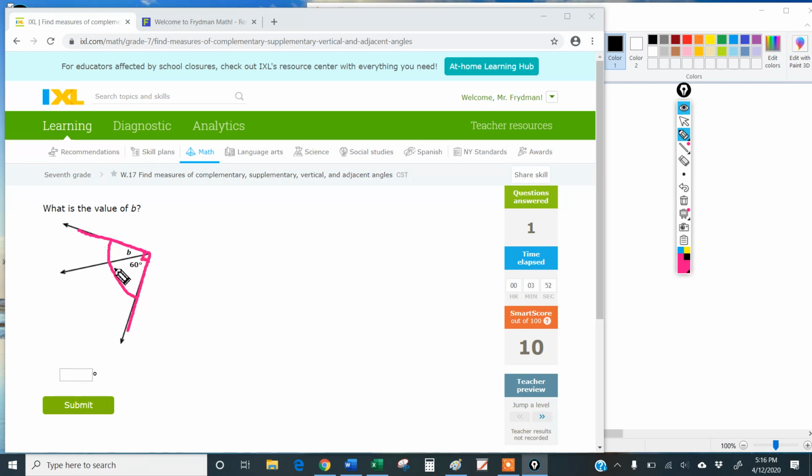In other words, this angle just from here to here, which is 60 degrees, if we add it up with angle B, then we must get 90 degrees. And therefore, angle B must be 30 degrees because 60 plus 30 is equal to 90.